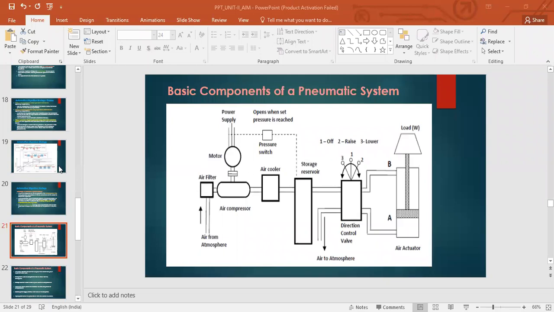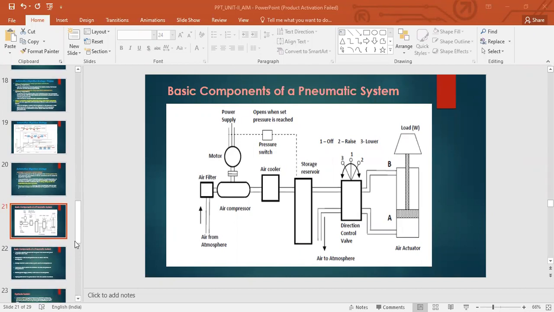Okay, so the basic components of a pneumatic system, you can see in the diagram here. We all know what we mean by pneumatic system, right? What is a pneumatic system?